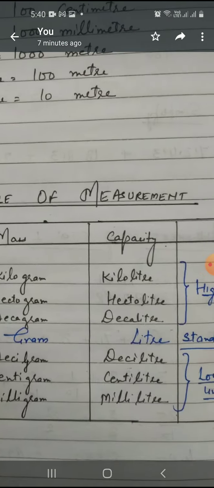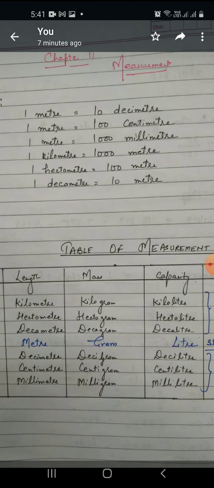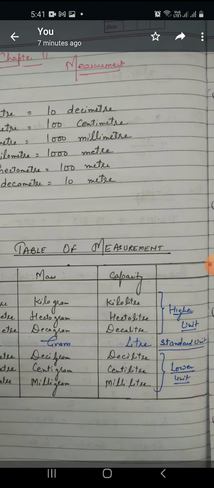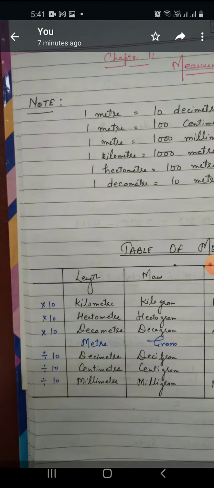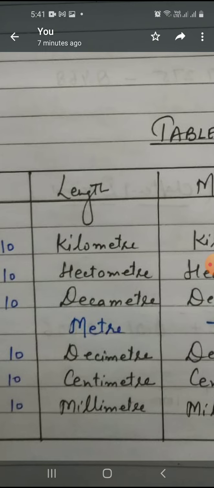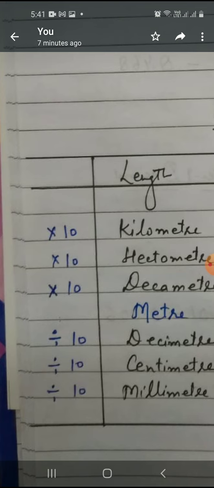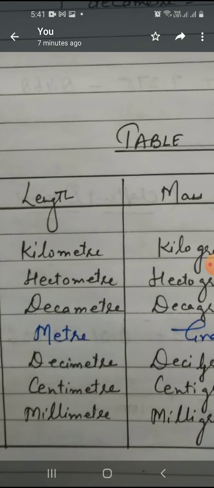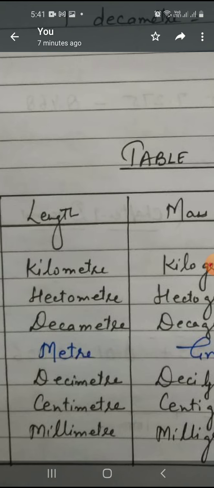Here is another table. Look at this table. It shows length, mass and capacity. These 7 measurements, kilo, hecto, deca, meter, decimeter, centimeter, millimeter, are in a sequence from higher to lower. When we are measuring length, we call it kilometer.